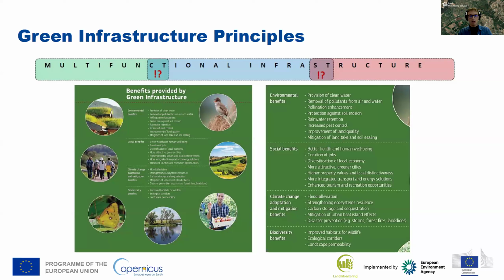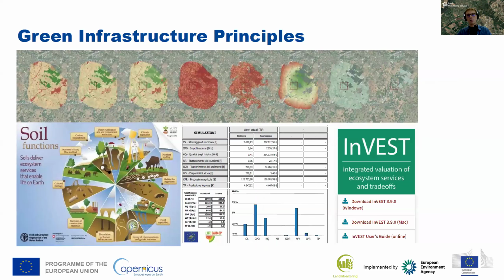Through a set of indicators, you can build up a set of knowledge and create this kind of environment to model ecosystems, and then understand how they go hand in hand, or when they are clashing with each other, and understand, spatially speaking, what are the hotspots where we have a concentration of multifunctional values, or on the contrary, where we have to make interventions in order to maximize their benefit.